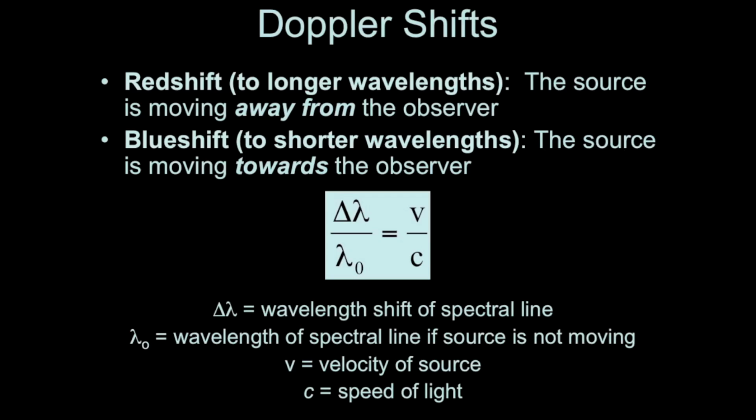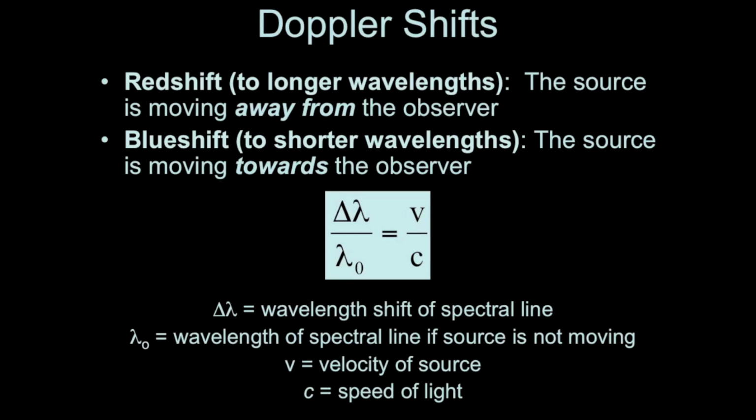If we want to look at this more quantitatively, then we can use the Doppler shift mathematical relationship to do so. Here's how it works. The wavelength of the particular spectral line in a photographic spectrum is represented by the Greek letter lambda. And if we're looking at the rest wavelength of that absorption line, where it would be if there was no motion between the source and the observer, we call that lambda sub 0, and that's the rest wavelength.